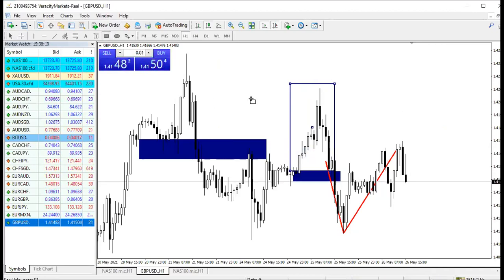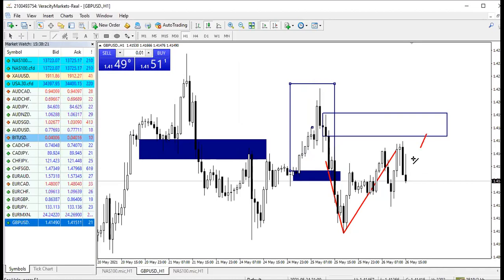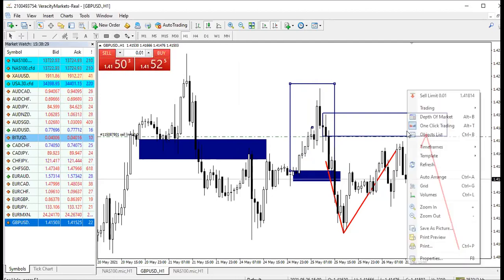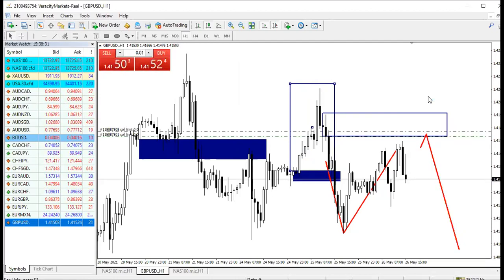So the very first signal I'm seeing is this one. So I'm expecting GBP USD to do this, meaning I'll be putting my sell limit at this zone, and my stop loss above here.